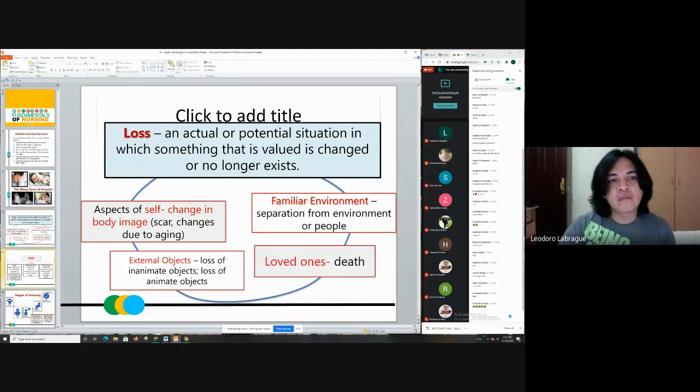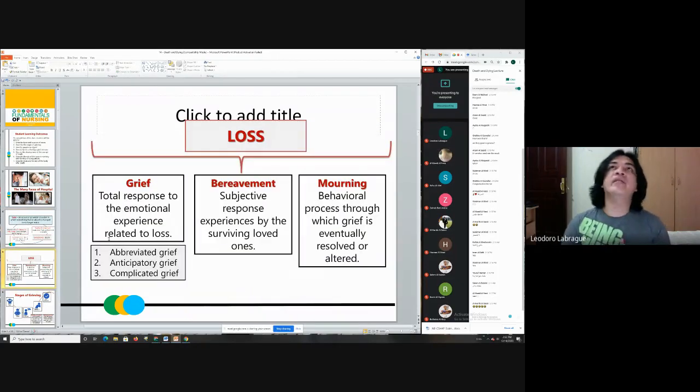Now, what will happen if someone is lost? Or what will happen if you experience loss? So our normal tendency, our normal response to loss is for us to develop an emotional experience. We call it grief.